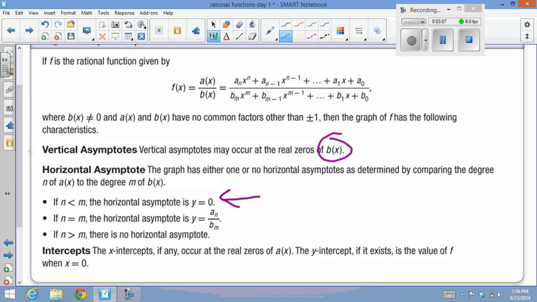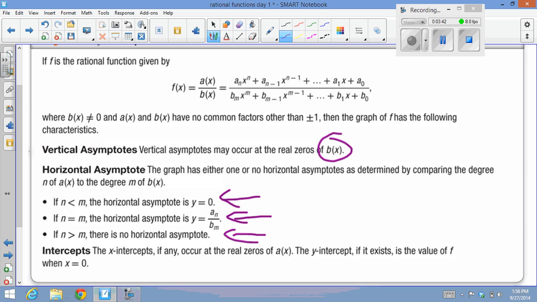If the two of them are equal, like I said on the previous slide, then you take the leading coefficient of the top divided by the leading coefficient of the bottom, and that's y equals that, for my horizontal asymptote. And then if I have the top bigger than the bottom, then there is no horizontal asymptote. So you kind of have to figure that out. If the top is smaller than the bottom, then it's y equals 0. If they're equal, then it's the leading coefficient of the top and the bottom. And if the top is bigger than the bottom, there is no horizontal asymptote.